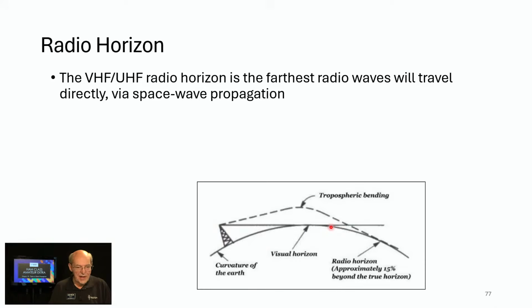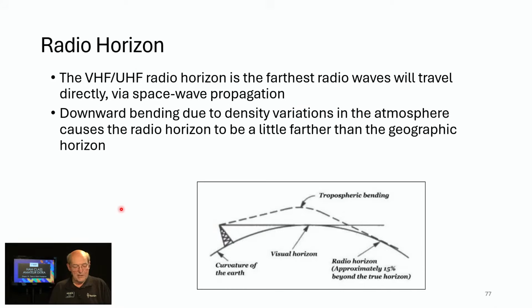But hams observed, or actually early radar operators observed, that they could see beyond line of sight because of the bending of the signal due to the curvature of the Earth. So VHF, UHF radio is the furthest radio waves will travel directly via space wave propagation. That's point to point.